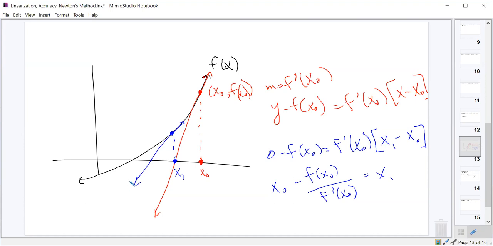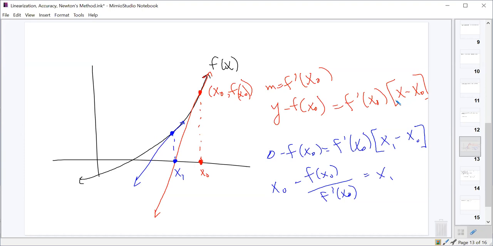And we could find the derivative of the function at that point, f prime of x1. We could find the slope there. And we could write the equation. It'd be y minus f of x1 equals f prime of x1 times x minus x1.